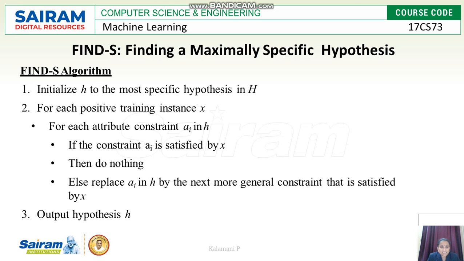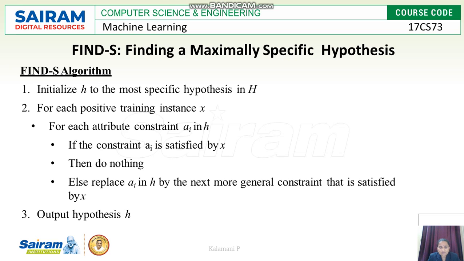Find-S algorithm, first step: initialize h to the most specific hypothesis in H. Then for each positive training instance x, it is going to consider only positive training instances.